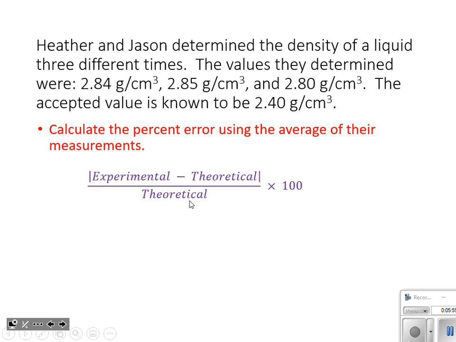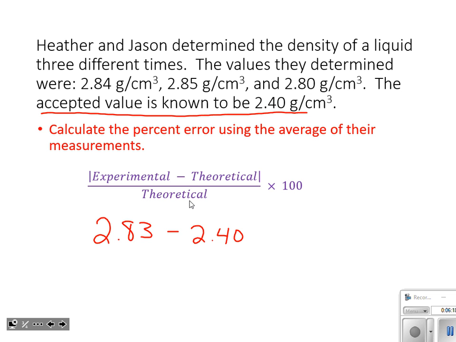So this is the average that we did. So I'm going to take the average that I just calculated, 2.83, and I'm going to subtract from that the theoretical value, which is the accepted value. So that is 2.40. And I'm going to absolute value that.